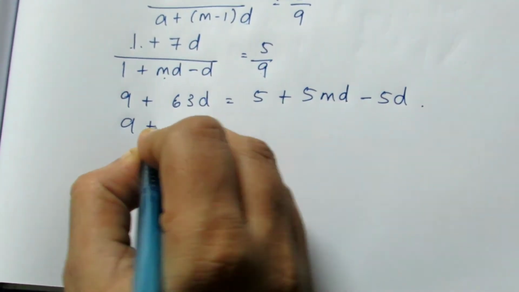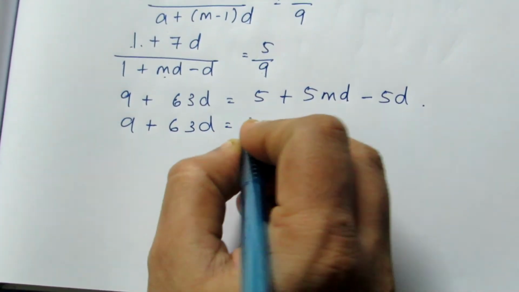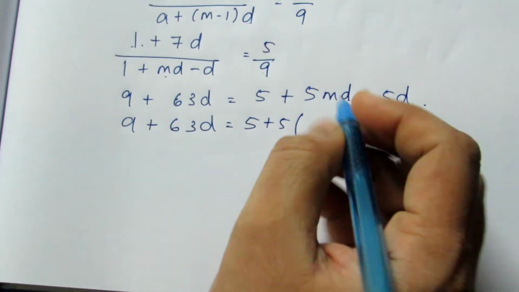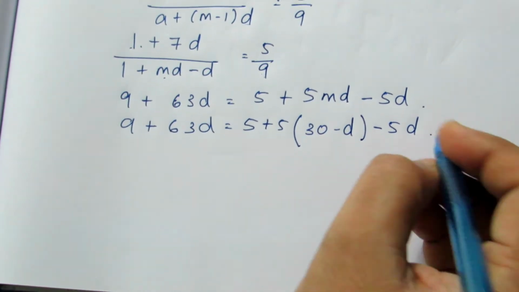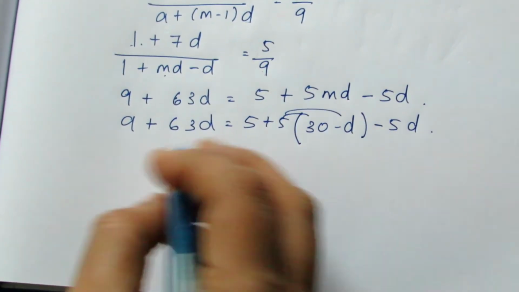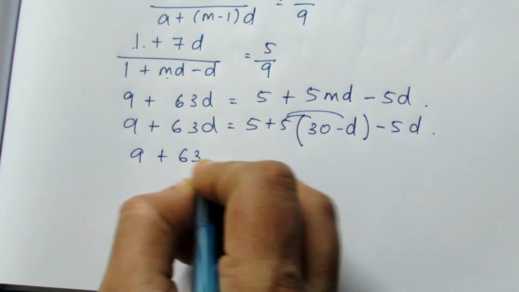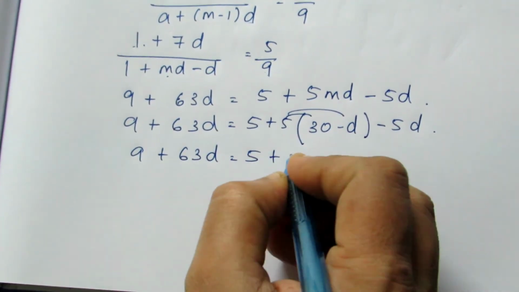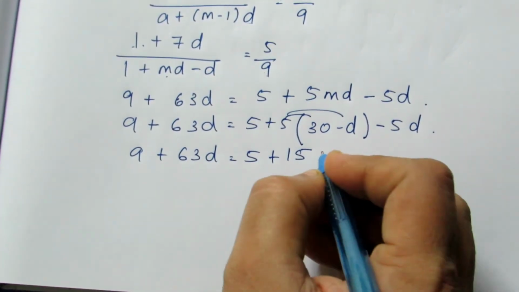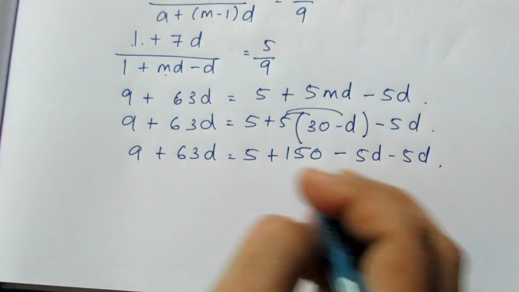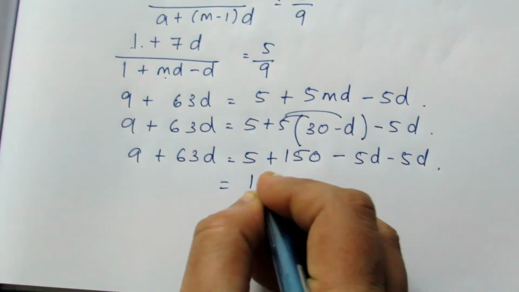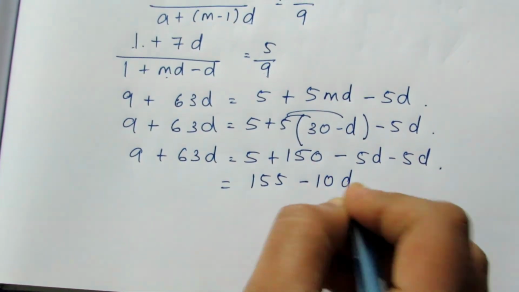Now 9 plus 63d is equal to 5 plus 5 into, instead of md we substitute 30 minus d, minus 5d. Here we need to multiply this inside. It becomes 9 plus 63d is equal to 5 plus 150 minus 5d minus 5d. Here it becomes 155 minus 10d.